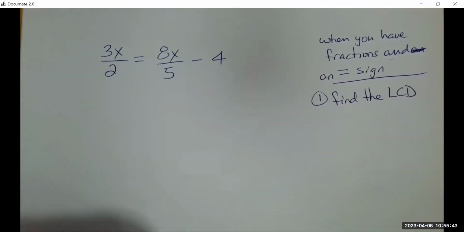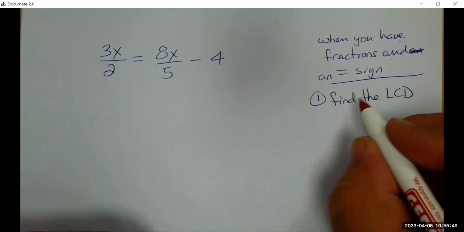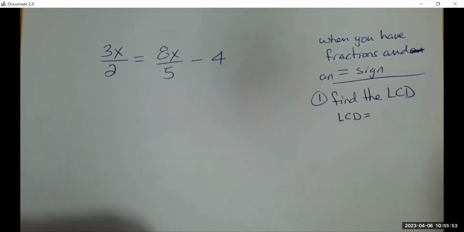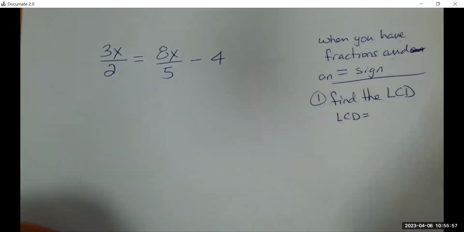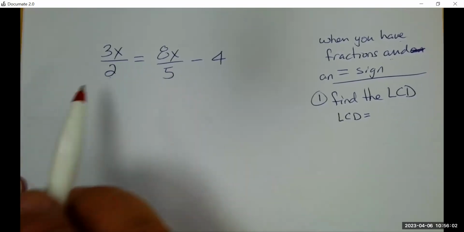What does LCD stand for? Least common denominator. What it's asking is: what's the smallest number that both of these fit into?